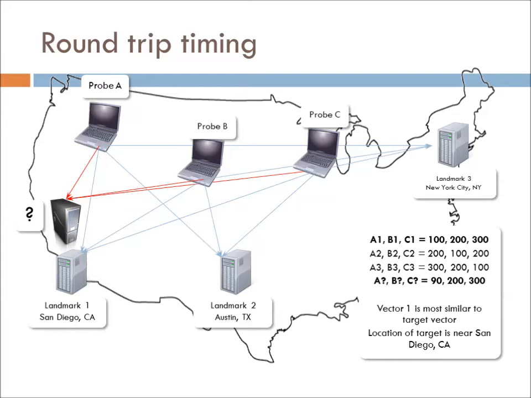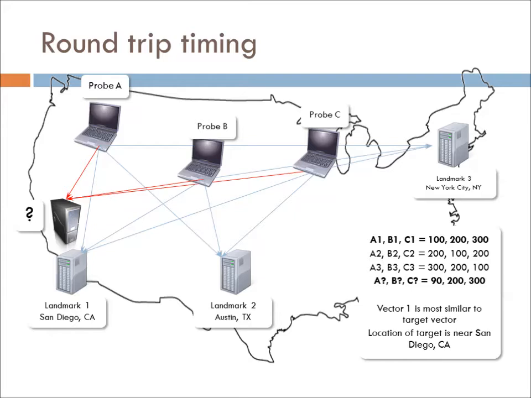Now in the little sidebar to the lower right, you can see that for landmark 1, we have timings of 100, 200, and 300 milliseconds from ping requests from probes A, B, and C, respectively. And we perform similar profile tests for landmark 2 and 3.